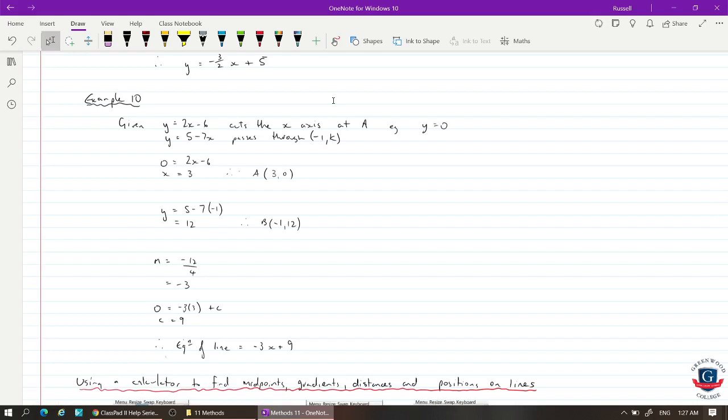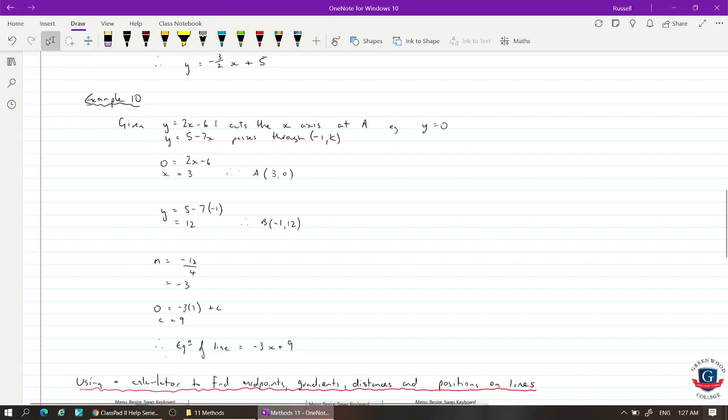Oh, first find out what A is. Okay, find out where it crosses the x-axis. It'll cross the x-axis at y equals 0. So if we substitute y equals 0 into this equation, we can find the corresponding x value. And 2x will equal 6, x will equal 3. So that gives us a point A at (3, 0).